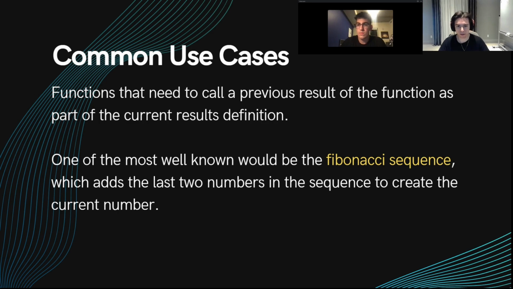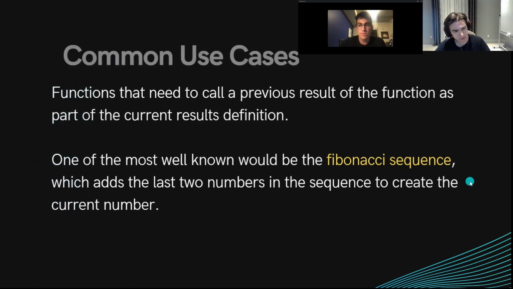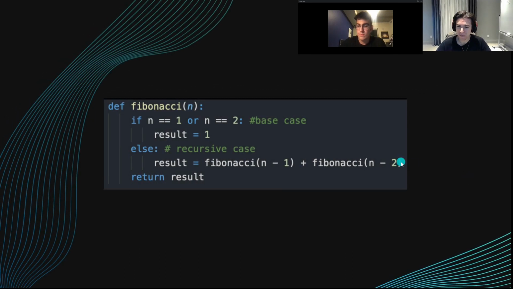A great example of this is the Fibonacci sequence, because it needs to add the last two numbers in the sequence to create the current number. If you need to know the last two numbers, you need to use recursion to add those two numbers together and then call the function again to get the new number. It's very difficult to explain through words, so let's look at a quick example of what I mean.